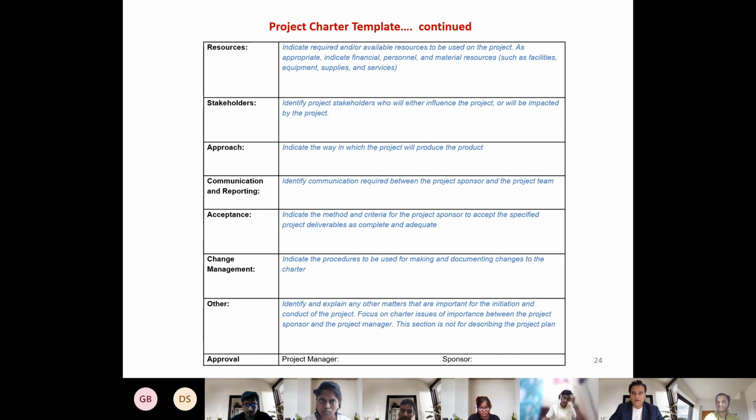How will you write the resources? What are the resources you need to deliver this project? And the resources could be material resource, manpower resource, or resources like process or expertise.